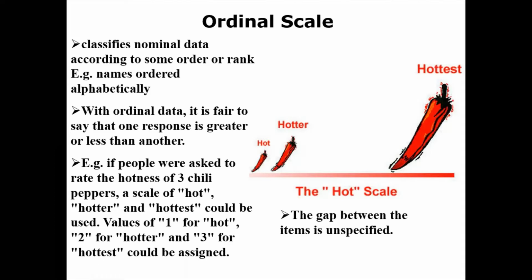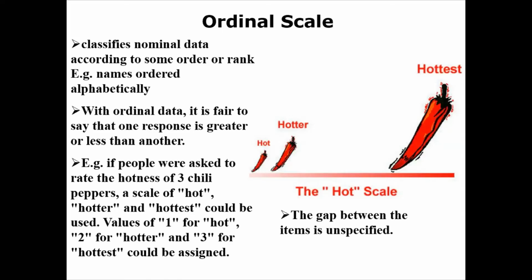Here one example is given. If people were asked to rate the hotness of 3 chili peppers, a scale of hot, hotter, and hottest could be used. A value of 1 for hot, 2 for hotter, and 3 for hottest could be assigned. And the gap between the items is unspecified.